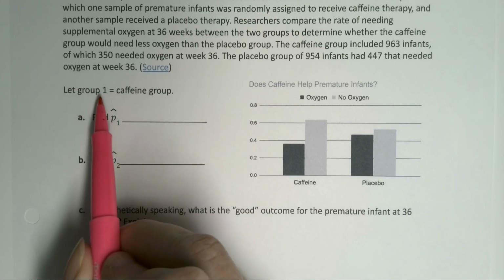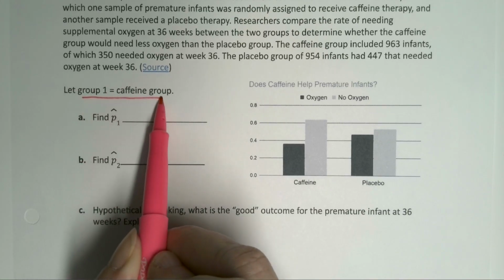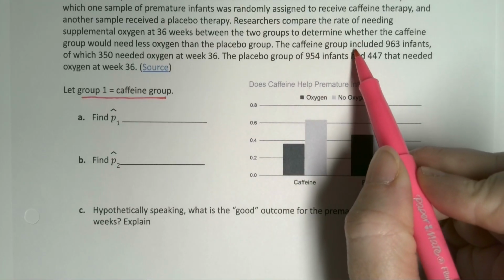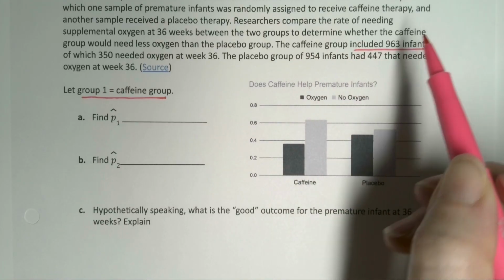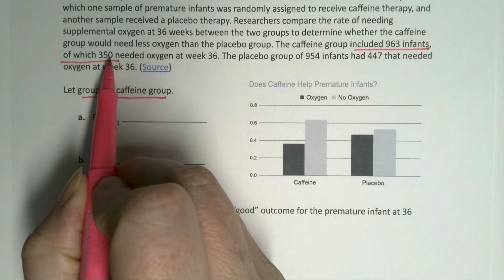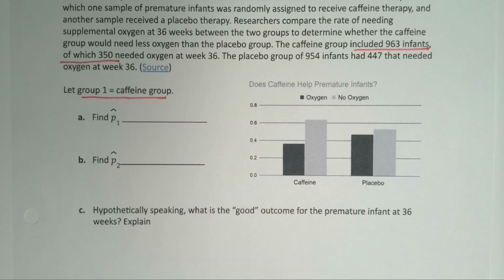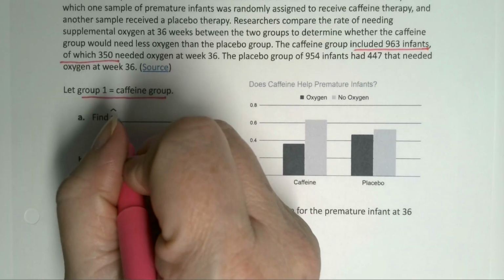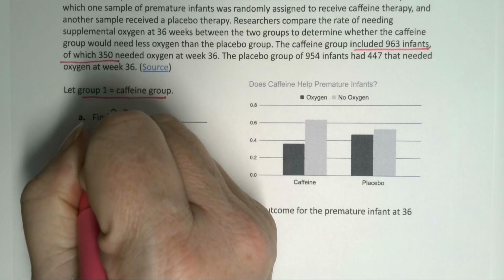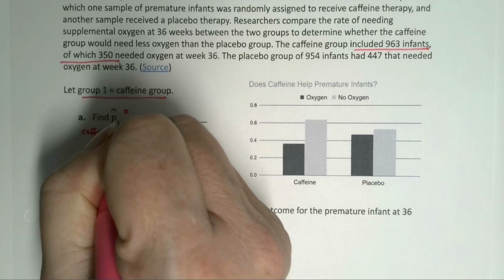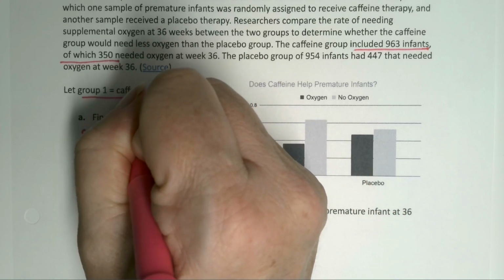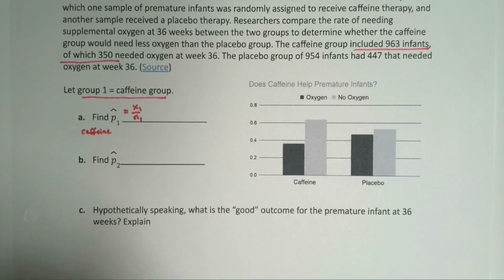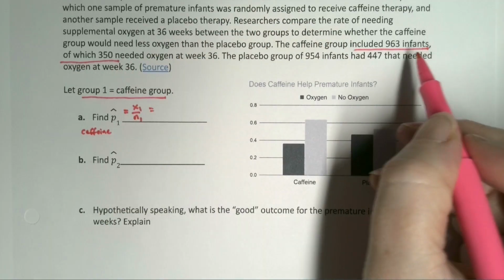Okay, so we're going to say group 1 is the caffeine group right here. The caffeine group had 963 infants, of which 350 needed oxygen at week 36. So if we think about p hat for group 1, the caffeine group, then p hat is x1 over n1. x1 was 350.